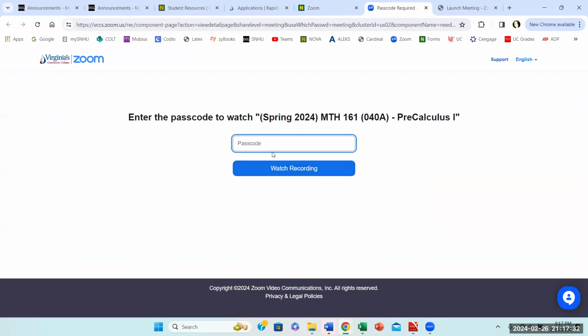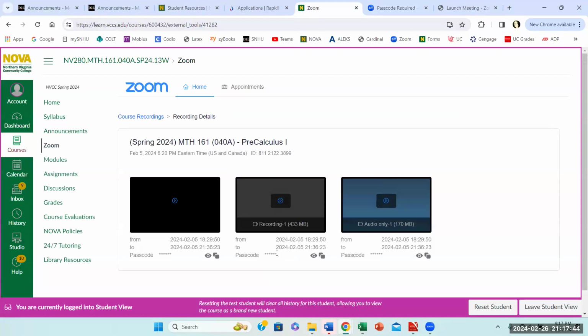You want to hit Control V as in Victor. Because what happens is when you come over here in Zoom and you hover over it, when you click on it, it automatically saves this password into your computer's memory.